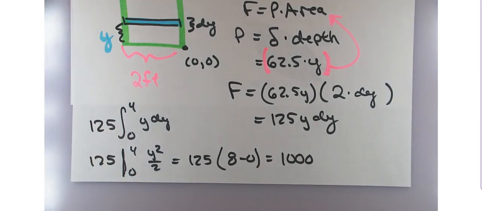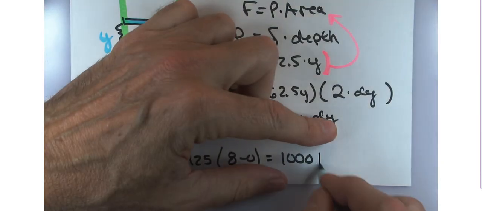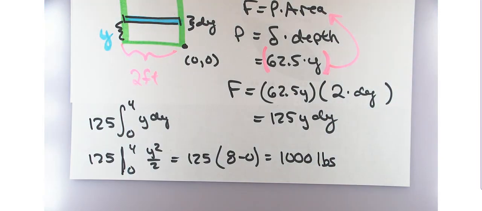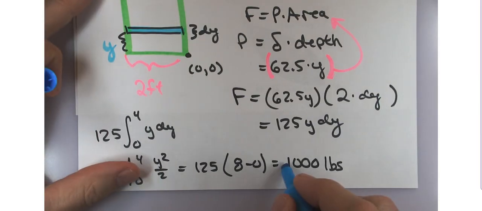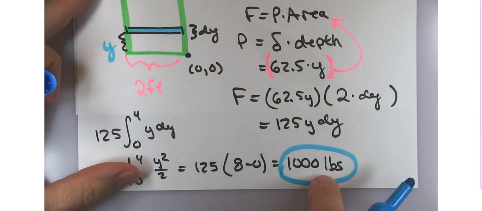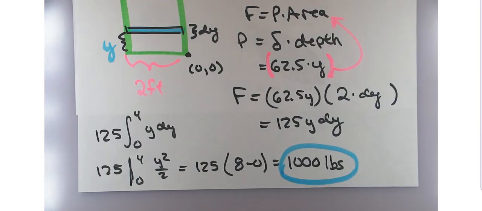Last but not least, what are the appropriate units of force in the English system? Pounds. That's going to be our unit of force. And make sure that you label your final answer with pounds if you're dealing with the English system.